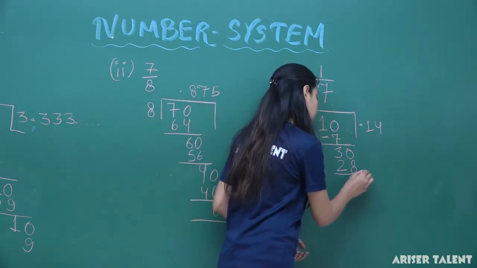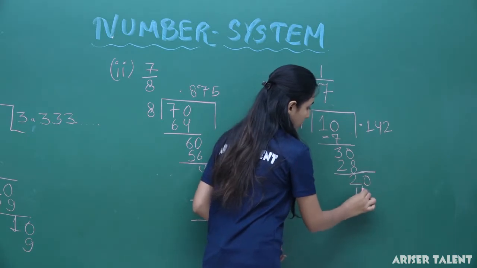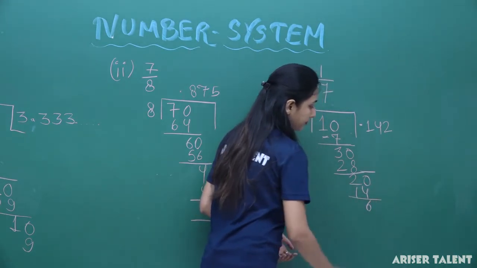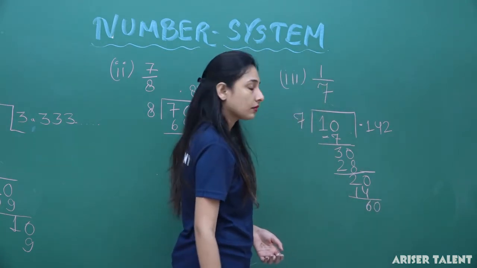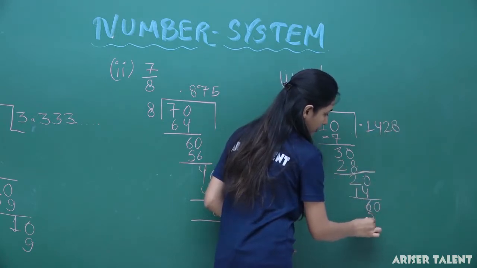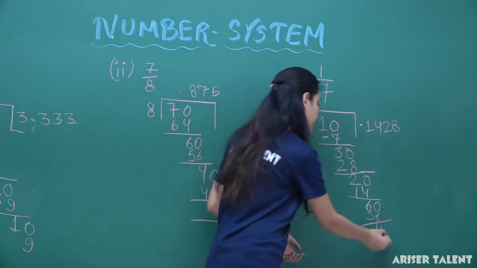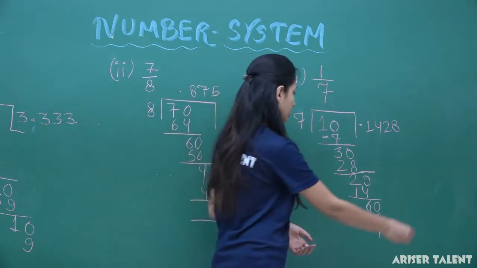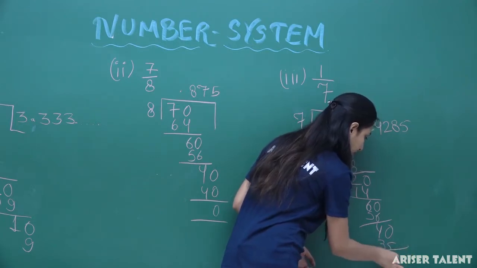0. I am getting 6 here. 0. 56, 4. 0. 5 times 7 is 35, 5.